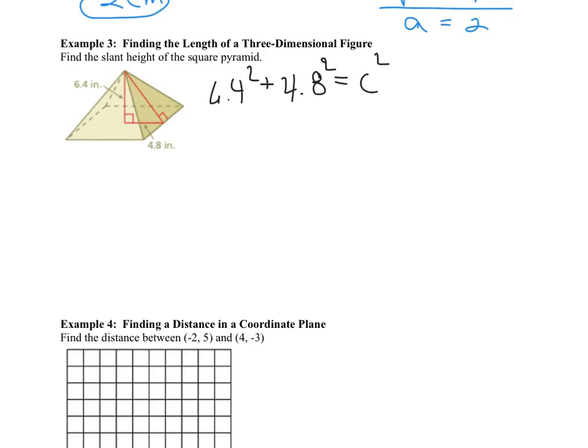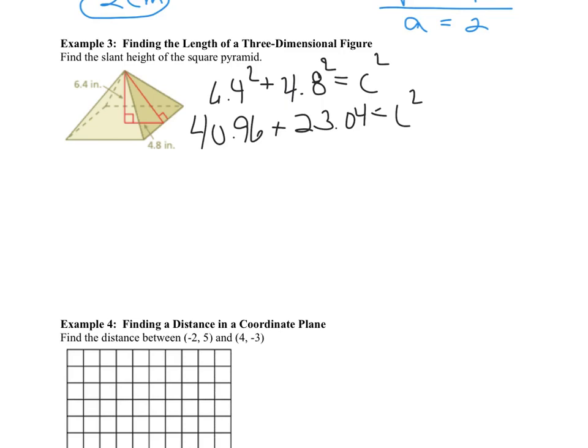This time we can just say take the two sides and square them. So we get 40.96, and we get 4.8 squared, which is 23.04, and that's still going to give me c squared.